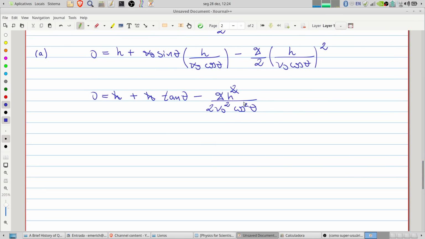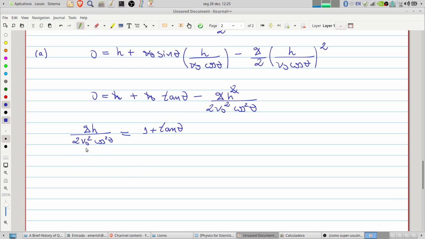Therefore, we will have g multiplied by h divided by 2 v0 squared cosine squared of theta equals 1 plus tangent of theta.